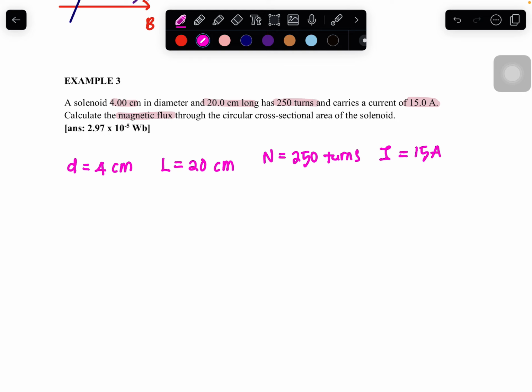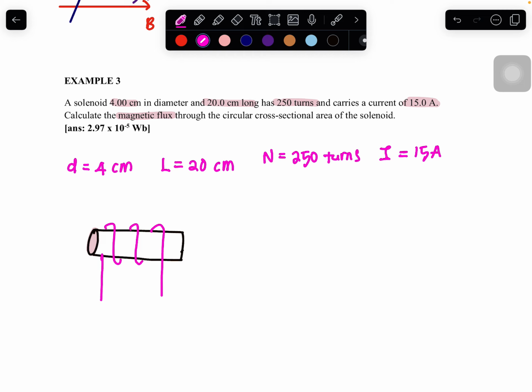Remember what a solenoid looks like. This one we learned in chapter 3. A solenoid basically consists of conductor and wires. This is our solenoid. In this case we have cross sectional area and current.